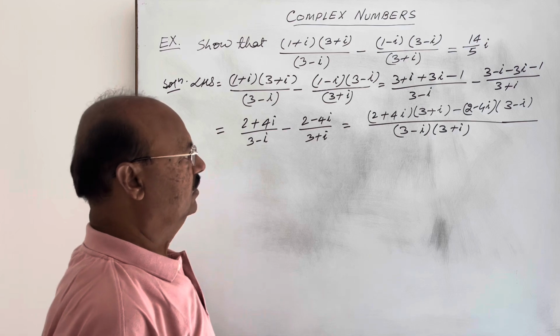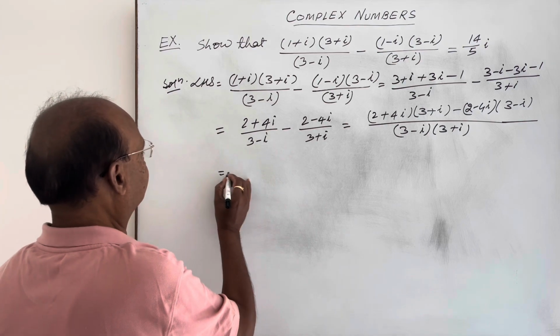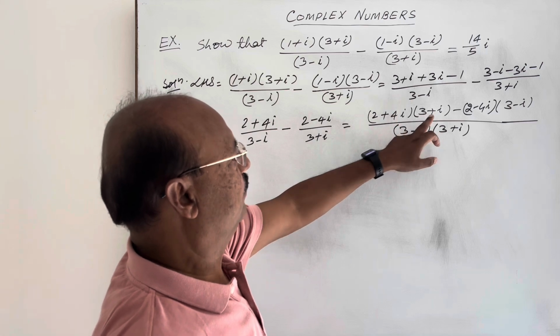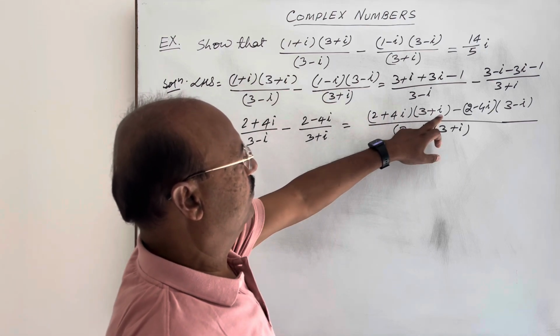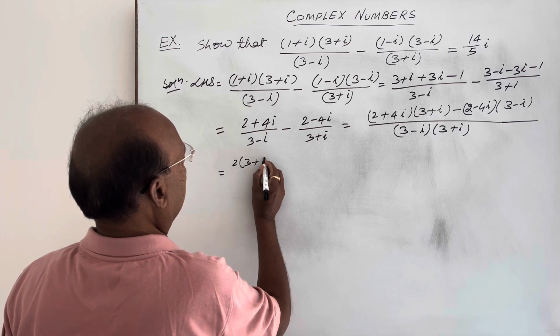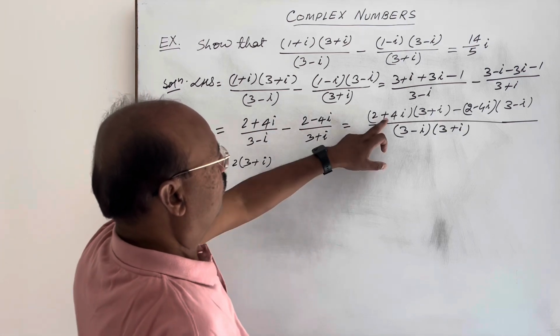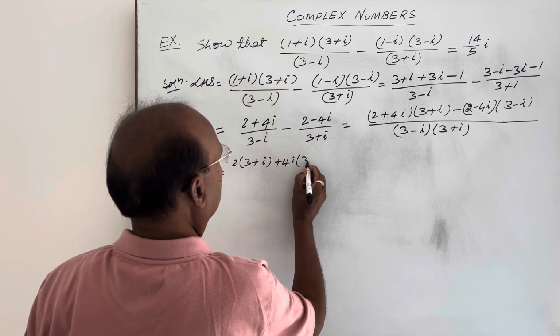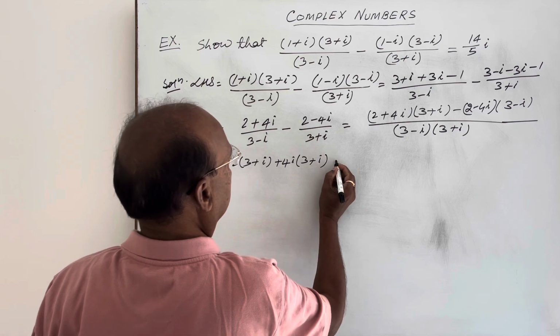Interesting? Simple? Okay. Now let us multiply these two factors here. 2 into 3 + i, plus 4i into 3 + i.